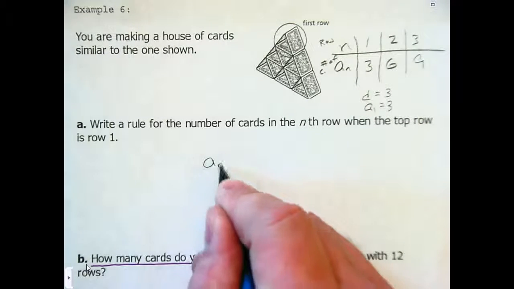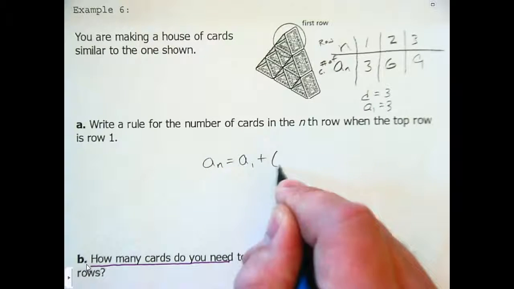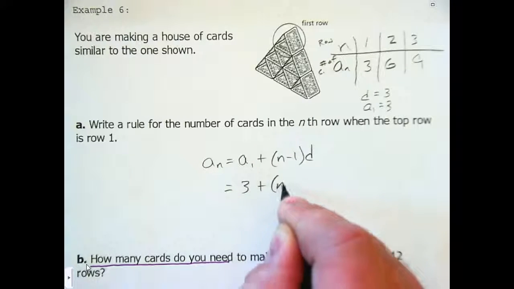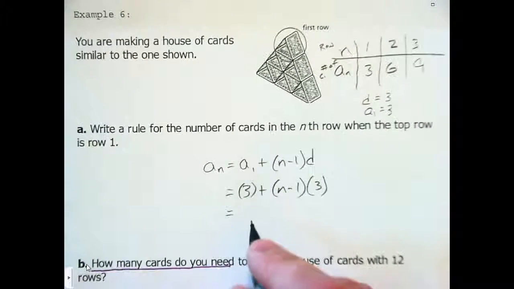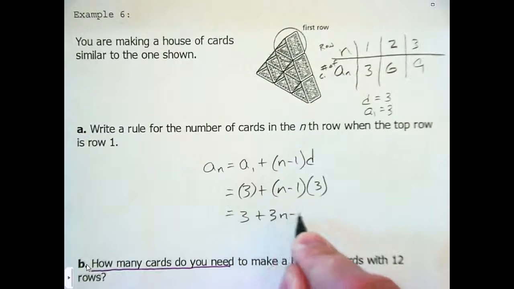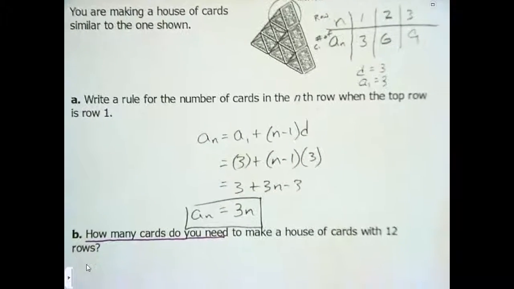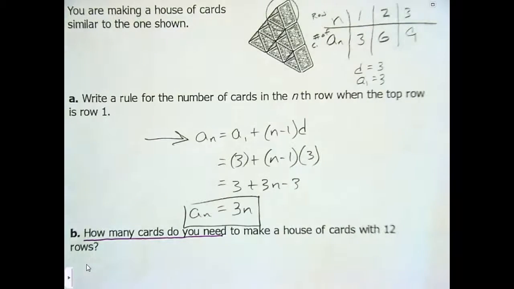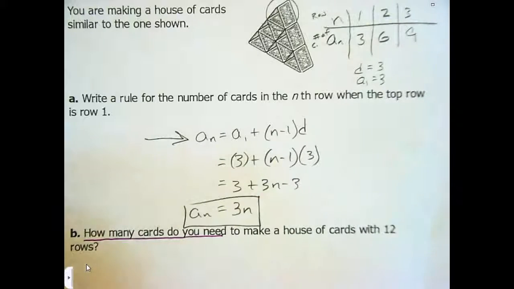Well, a sub n is equal to 3n. This is your sequence formula for a linear or arithmetic sequence.